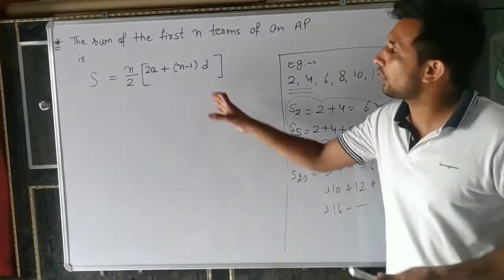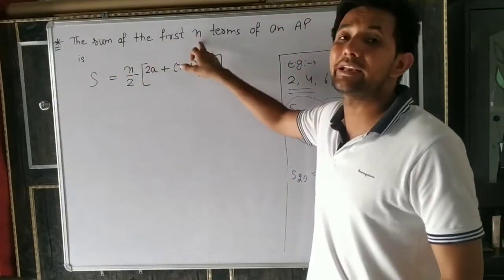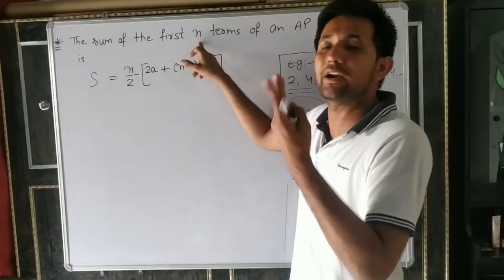Which formula is it? The sum of the first n terms of an AP, where n may be 2 terms, 3 terms, 4 terms, or 100 terms.